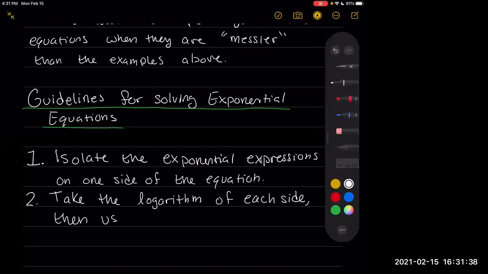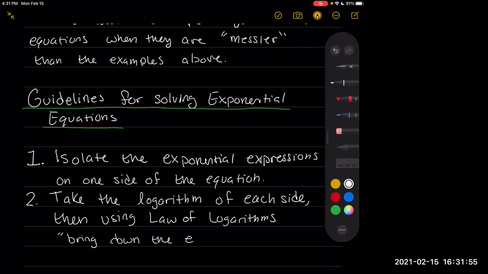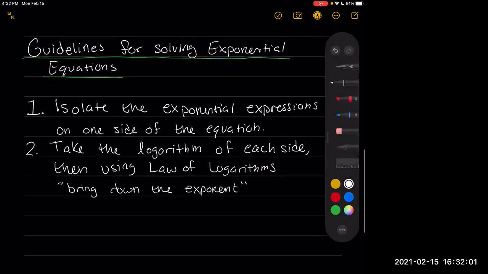Then, using the laws of logarithms, we're going to bring down the exponent. And then three, we're going to solve for the variable.